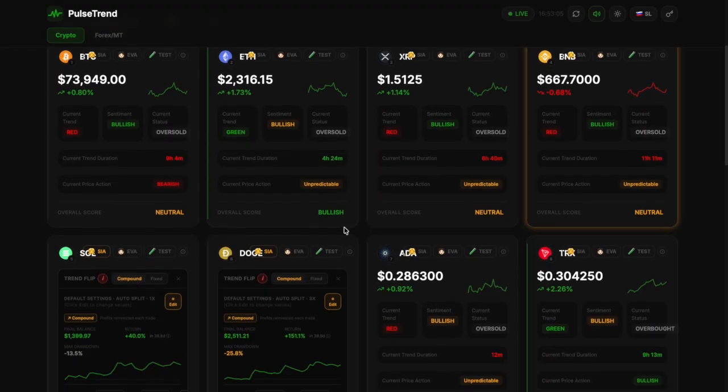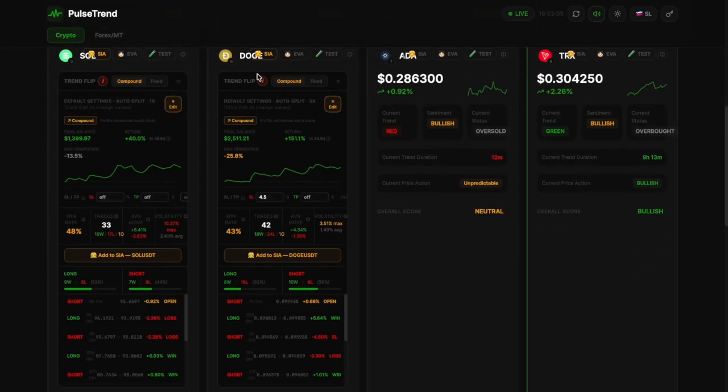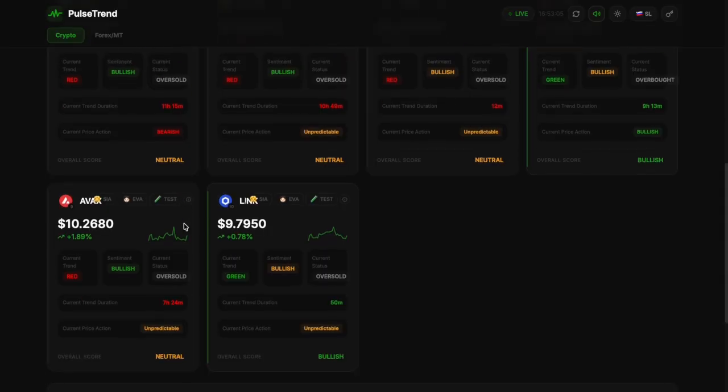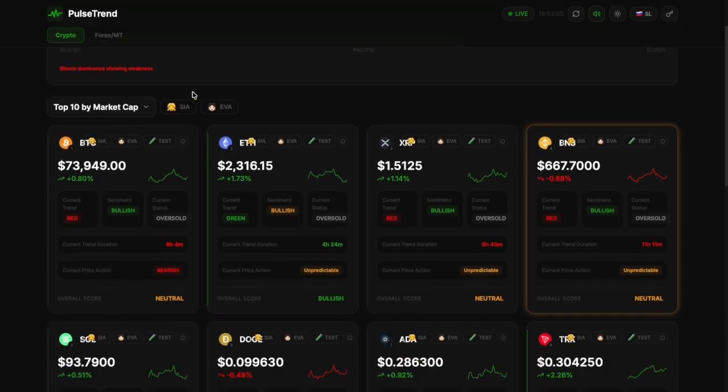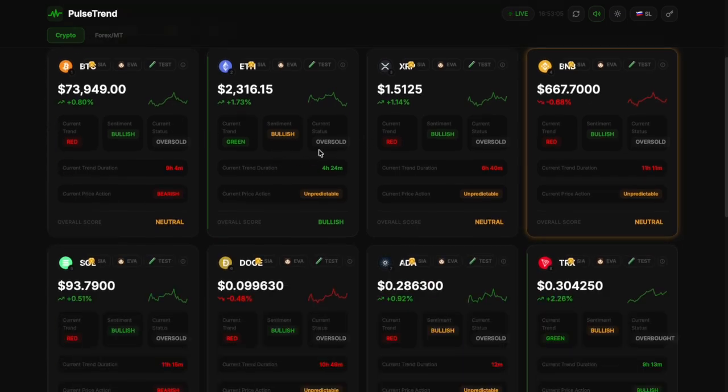It looks at all of these overall scores on all of these coins, and it gives you an overall stance on how the market is currently looking: if it's full bearish, neutral, slightly bullish, or fully bullish. And right now, overall it's looking bullish with a little bit of sideways chop.